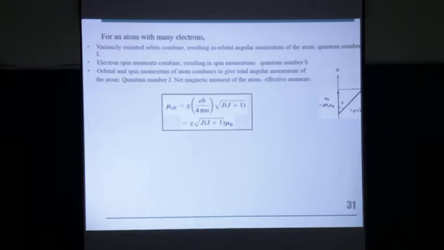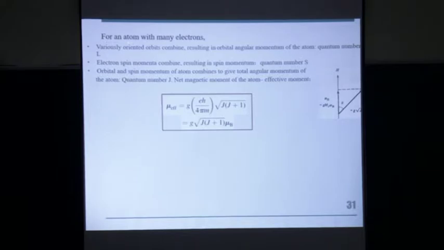So now you come to the quantum theory. In the orbital, quantum angular momentum is quantized by a quantum number L. The spin momentum is also quantized using a quantum number S, S for spin.